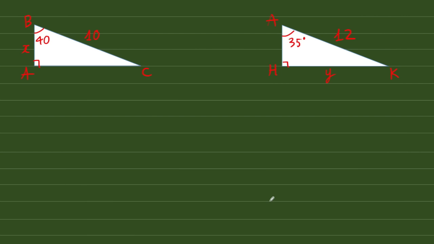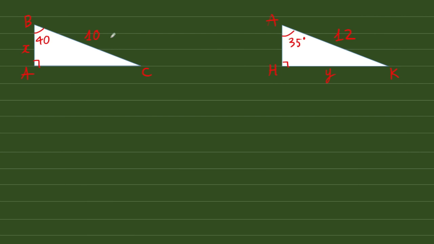Okay, so how can you solve your working out for this question? That's step by step, and we will practice together. The first question: you have triangle ABC with the chosen angle B. I know B is the chosen angle because the question tells me the measure of angle B, and of course the question asks you to find the value of x. So how can you do that?